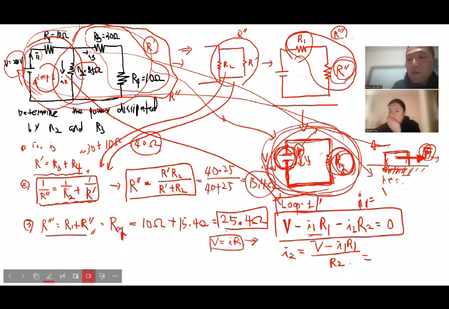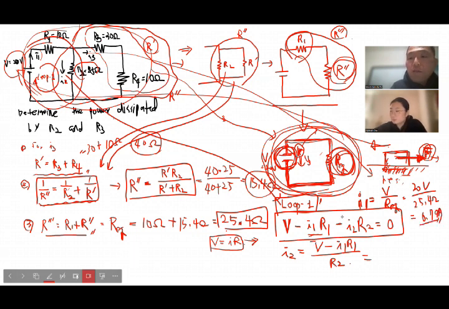I1 is V over R equivalent. So V is 20 volts, and the equivalent resistor of this circuit is 25.4 ohms. So the current I1 from the battery is 0.79 amps.